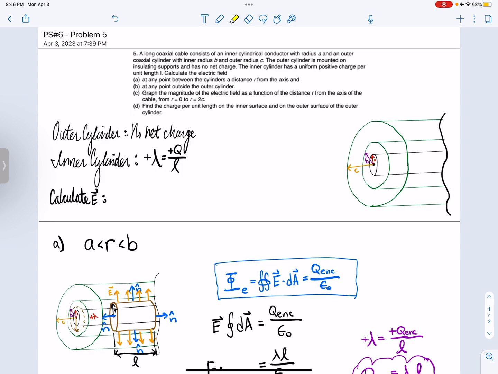Then the inner cylinder has a uniform positive charge per unit length L, or in other words, it has a uniform charge density, lambda.